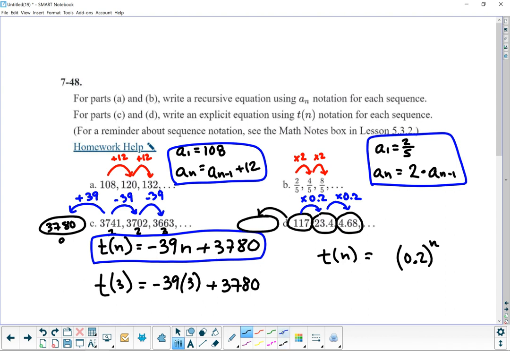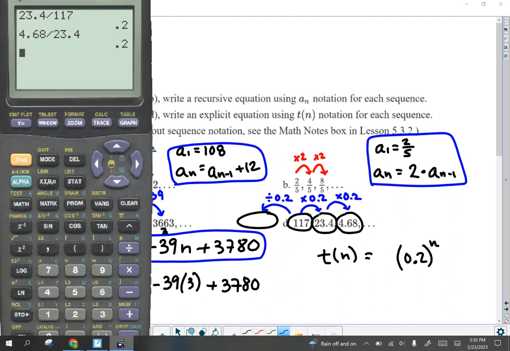If I'm going for the next term, it's multiplication by 0.2. But if I want to figure out the previous term, I have to do the opposite, division by 0.2, because I'm going in that direction.